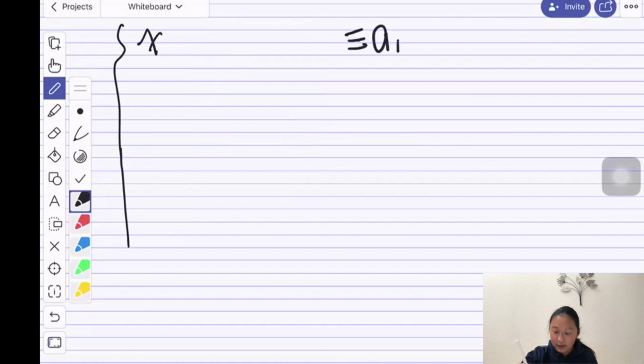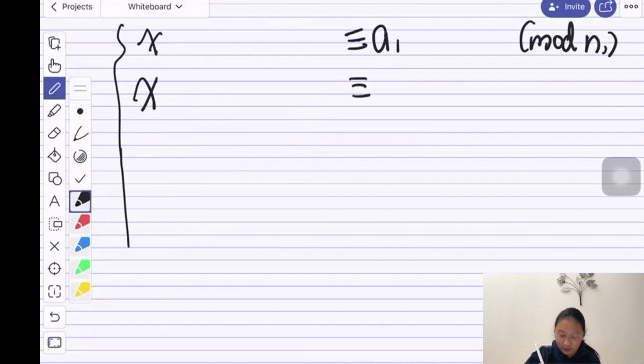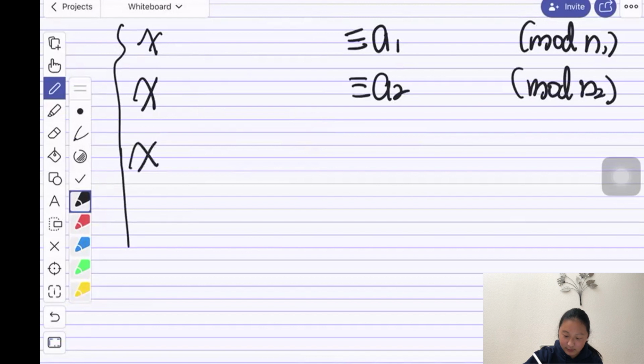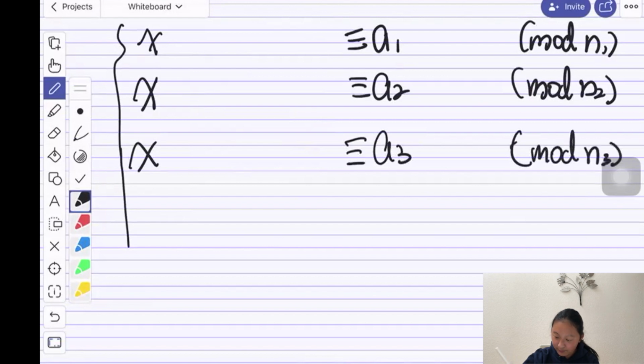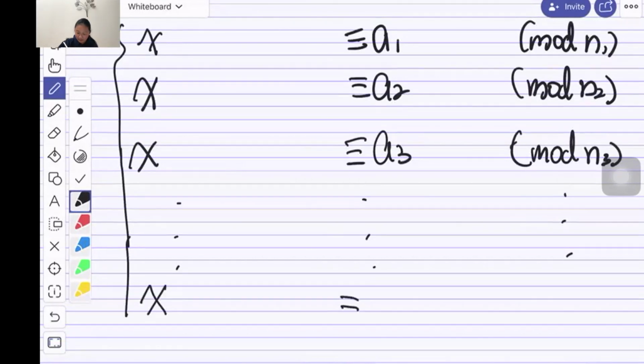If we had x is congruent to a1 mod n1, and x is congruent to a2 mod n2, and x is congruent to a3 mod n3, and all the way to, let's assume that we have k of such items, so x is congruent to ak mod nk. Then this is how our method would work.